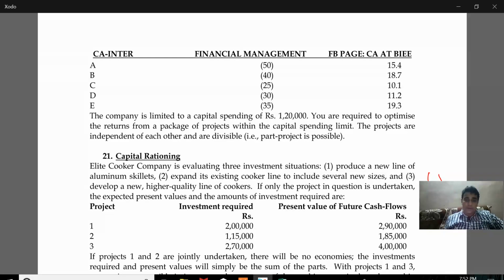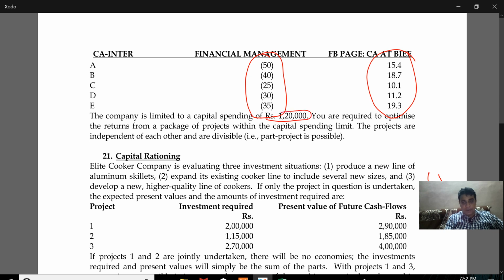This is the outlay of the projects and these are the NPV. The company is limited to a cash spending of 1,20,000. You are required to optimize the return from a package of projects within the capital spending limit. First the question has said divisible. I'll also rework if it's indivisible.